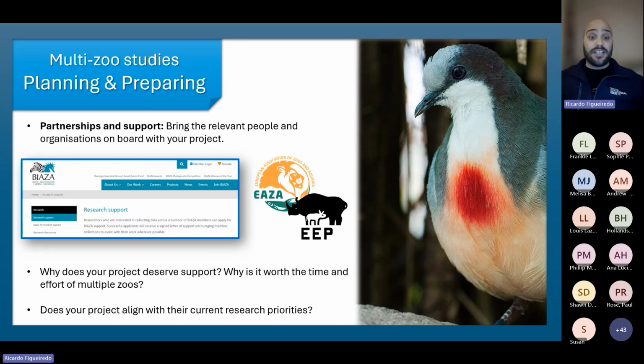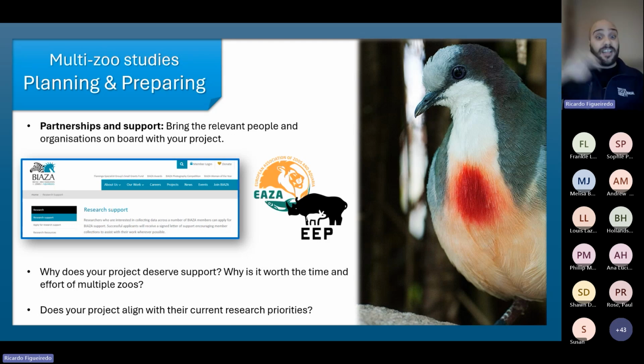Something you can start with is to ask whether your project aligns with their current research priorities. Now, research priorities is a list of research topics that are being prioritized at that moment in time, that have been identified as research gaps, and that particular zoo or organization identified that gap and would need some research and an answer for.